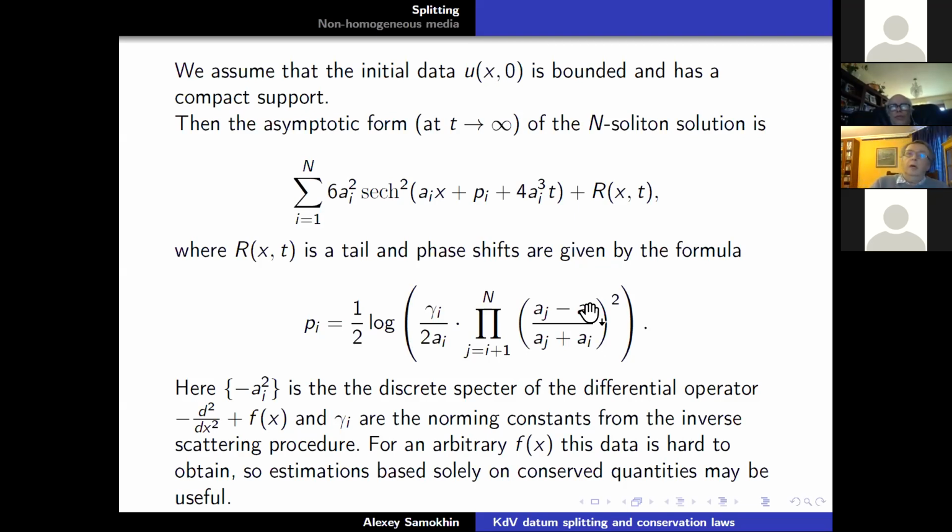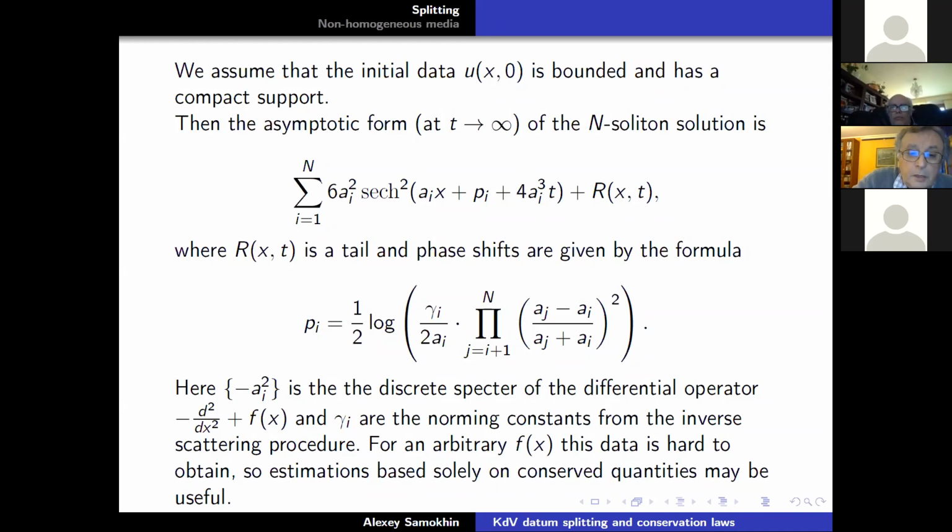Of course, the answer is theoretically known, but given arbitrary initial data, it is hard to obtain these A's, especially in a case when the data is not given in analytical form.